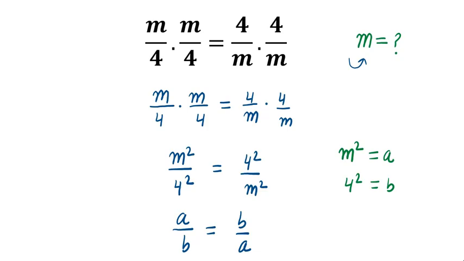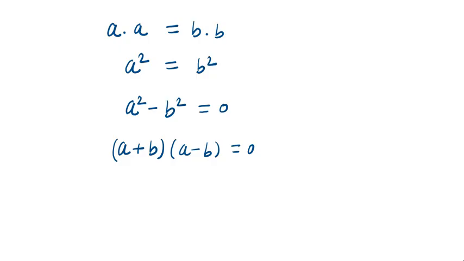And here a is m square and b is 4 square. So replace this a by m square plus, and replace this b by 4 square, multiplied by a replaced by m square minus b replaced by 4 square, is equal to 0.